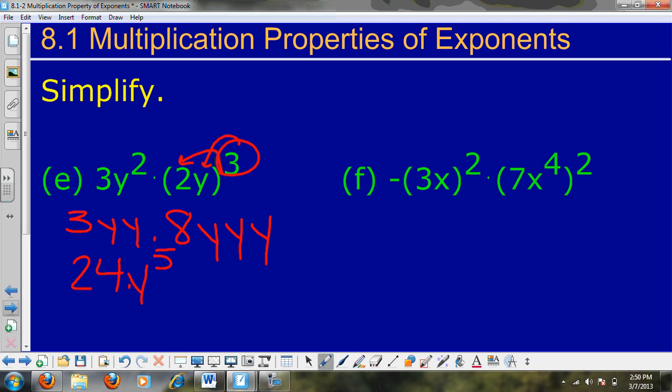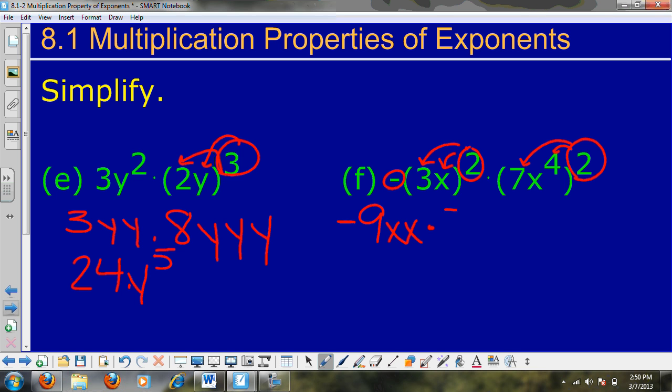This is going to be the opposite of the quantity 3x squared, squaring both the 3 and the x. Okay? 3 squared is 9. X, that's negative 9. Times 7 to the 4, x to the 4th squared. So I square 7 and I square the 4.